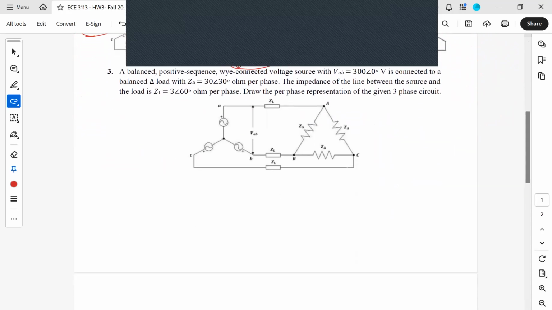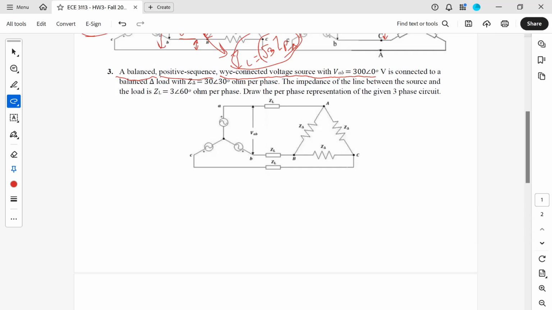Now, for question 3, it says we have a balanced, positive sequence, Y-connected voltage source. And we know the voltage AB, which means the voltage between point A and point B, which is basically the voltage of the line. For a balanced delta-connected load, our load is delta-connected and each impedance is 30 ohms at a 30-degree angle, for each phase.